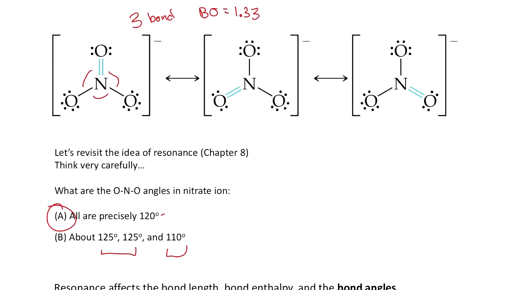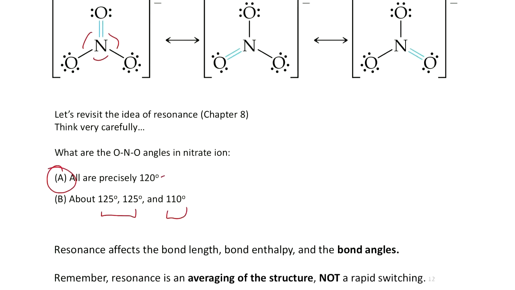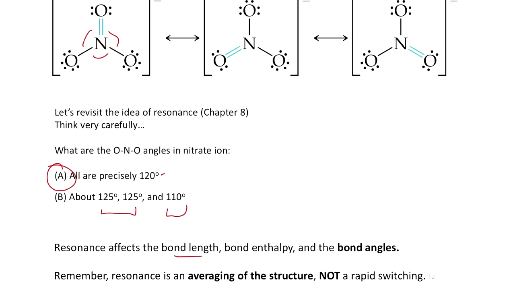Even though I draw this molecule with 1 double bond, we have to consider resonance. Resonance affects bond length, bond order, bond strength, and bond angles. That double bond doesn't live in one place. It's actually smeared across that entire molecule. All right, so our bond angles are all exactly 120 degrees. If this was like formaldehyde or something, this molecule does not undergo resonance.